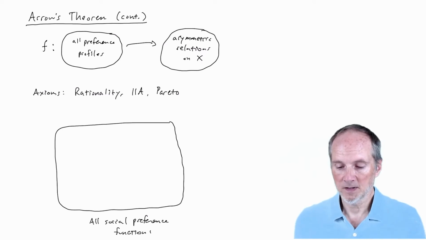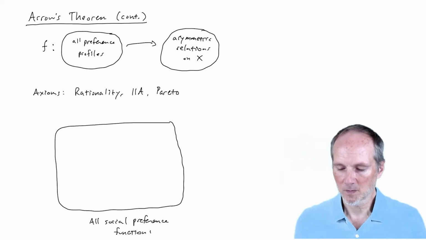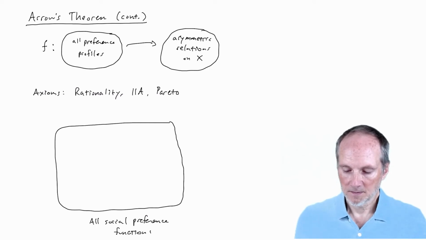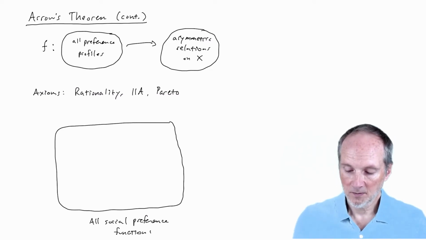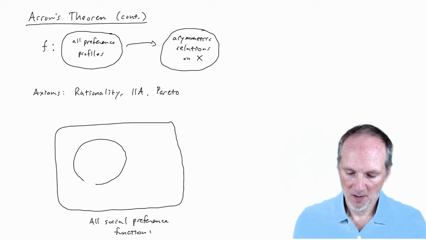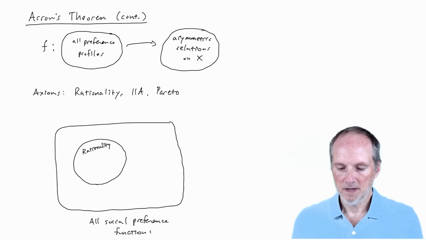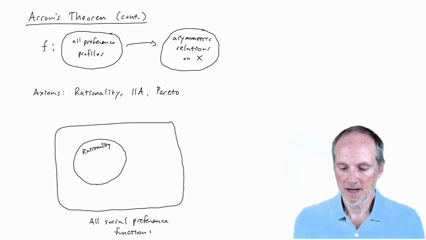Now, what I'm going to do is sort of do a Venn diagram version of the statement of Arrow, and then we'll actually give a formal statement. So in this space of all social preference functions, I can look at the social preference functions that satisfy rationality, for example, okay? And that's going to be a blob. Right, so that is all the social preference functions satisfying the rationality axiom.